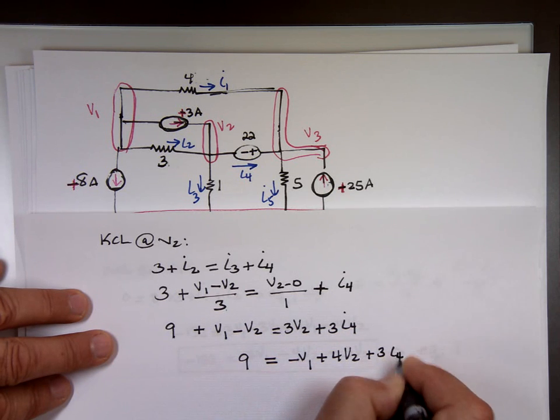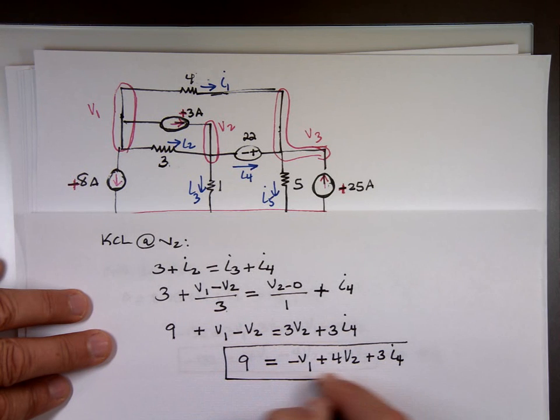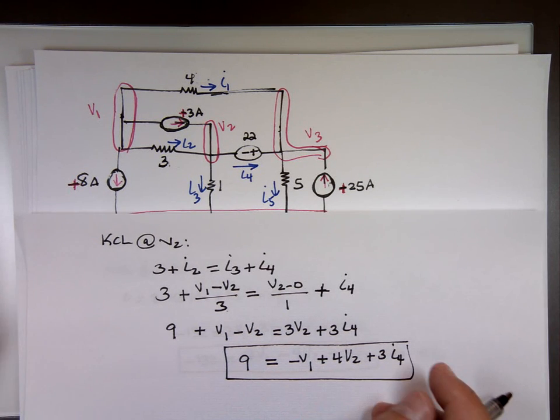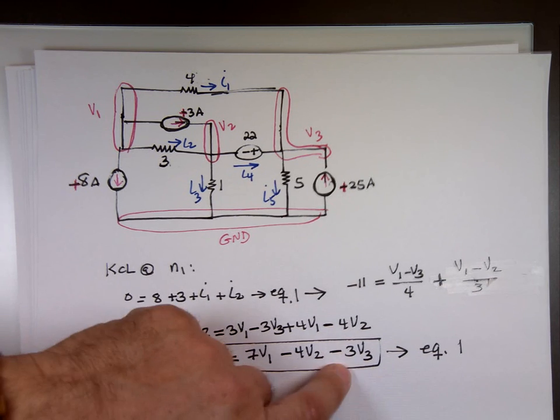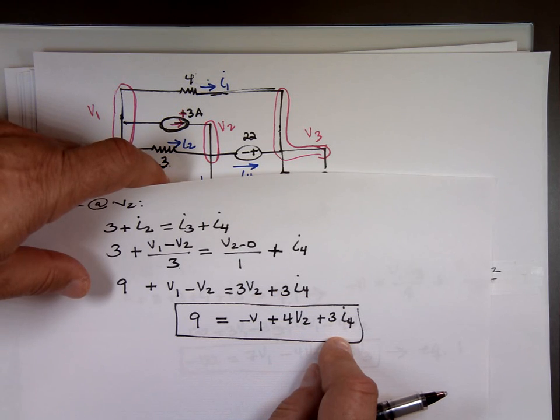Can we write I sub 4 in terms of V2 and V3? Can't. Ohm's law says I equals V over R. What's R? Right? So now we get V1, V2, V3, and we get I sub 4. So you know we got a problem.